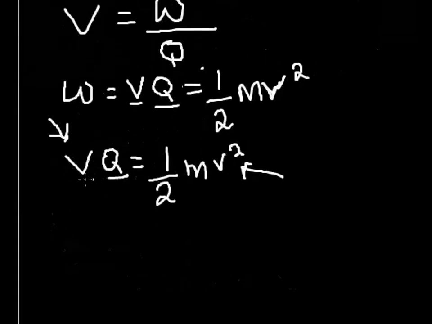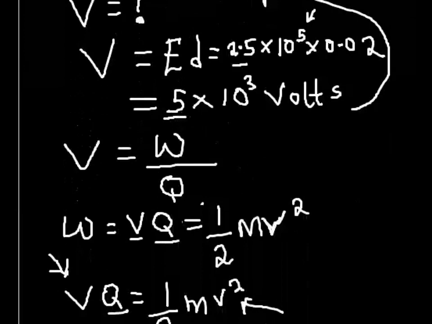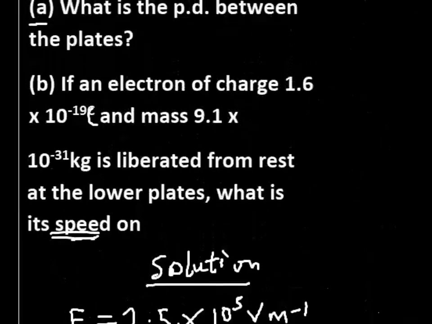So what is my V? I have actually evaluated my V, and this is what I have: 5 times 10 raised to the power 3, multiplied by the charge. That's the electronic charge, whose value was given to us, an electron of charge 1.6 times 10 raised to the power minus 19.